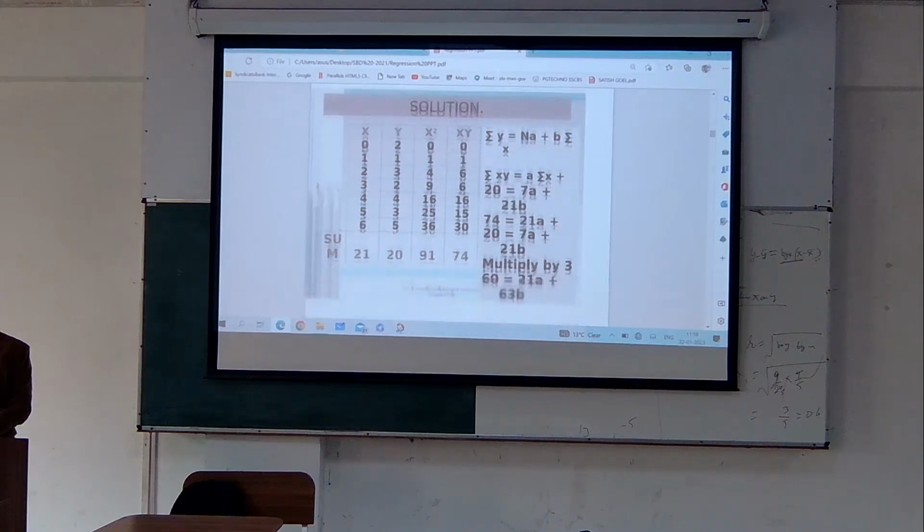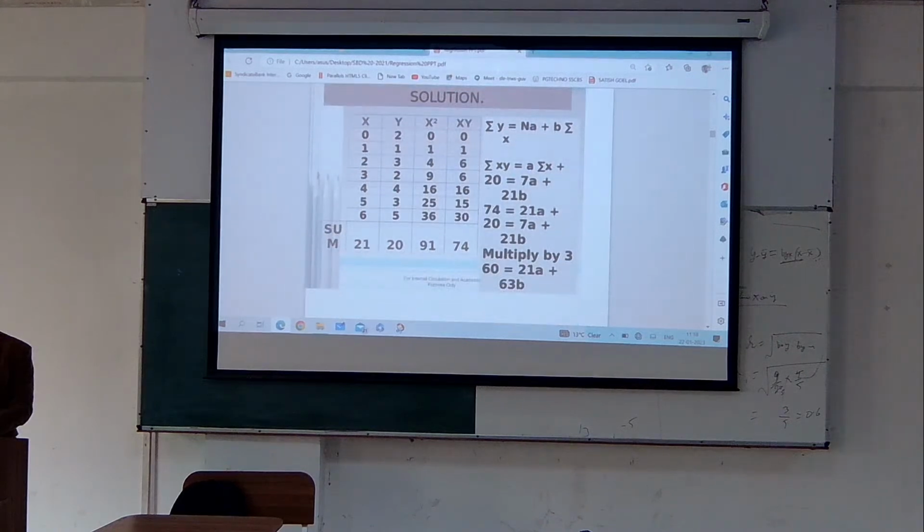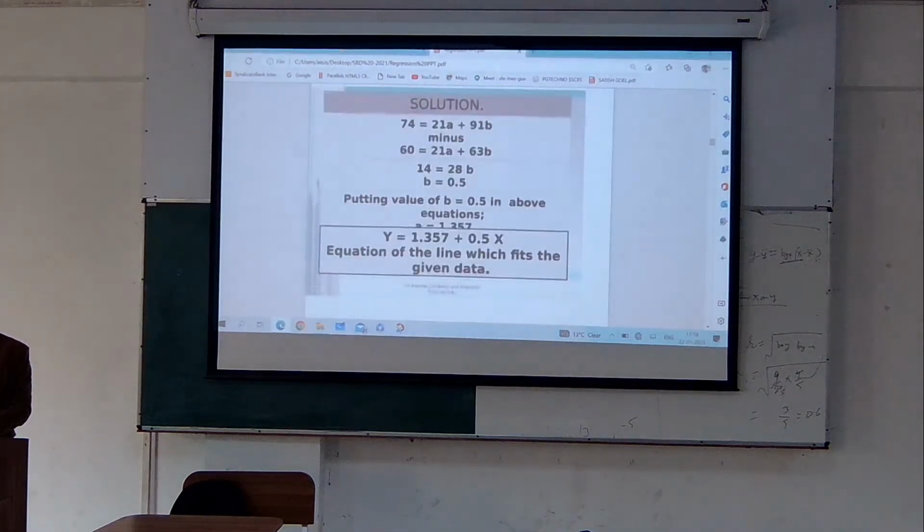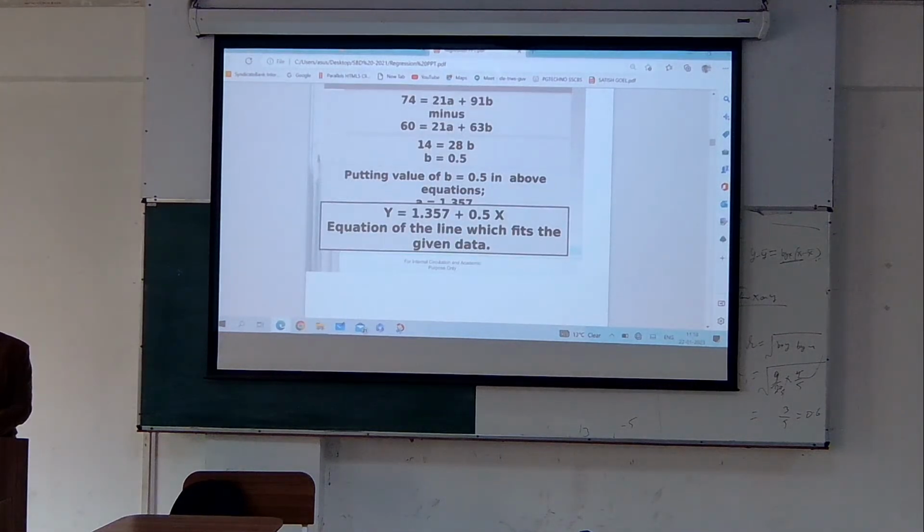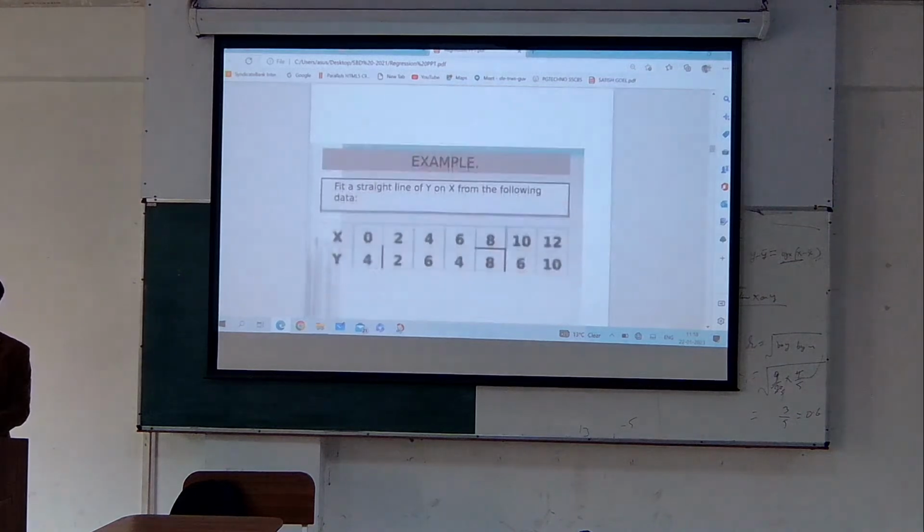You find a and b using this formula, and the equation which comes is y equal to 1.357 plus 0.5x. So here 1.357 is the intercept and 0.5 is your byx regression coefficient.